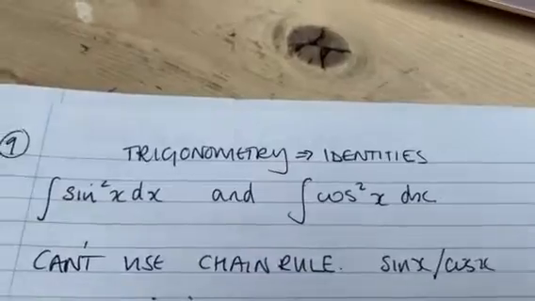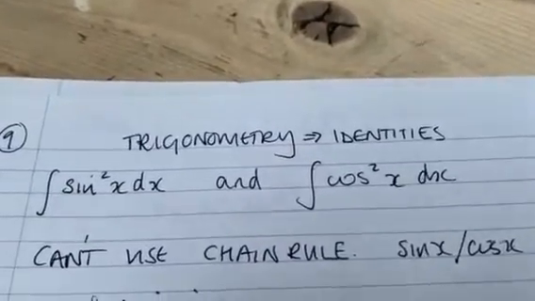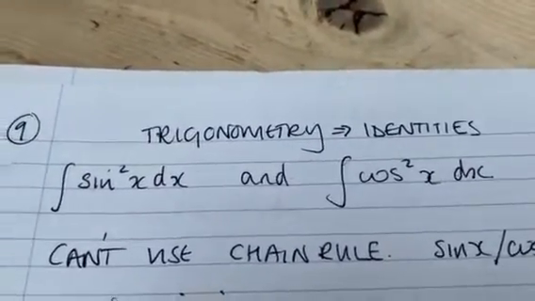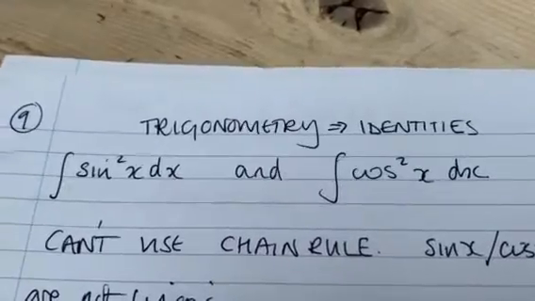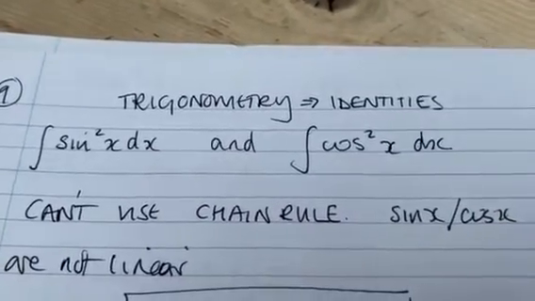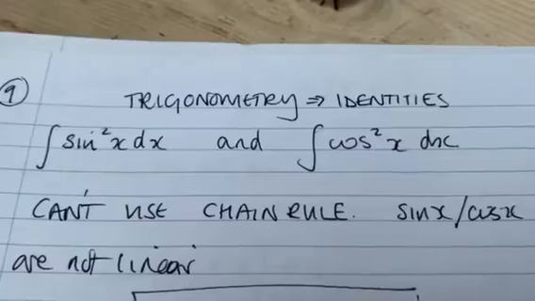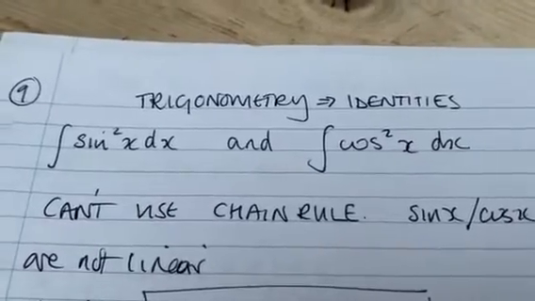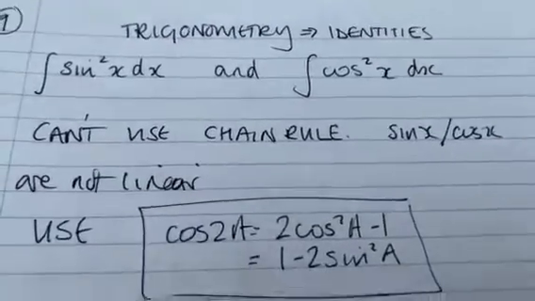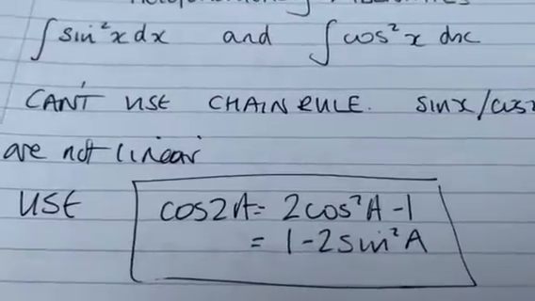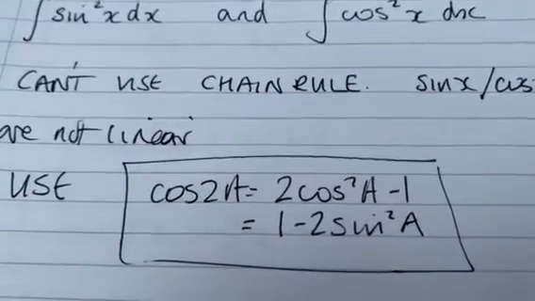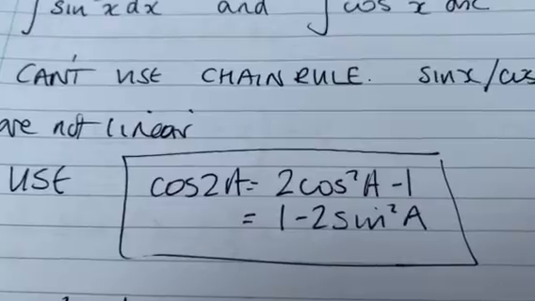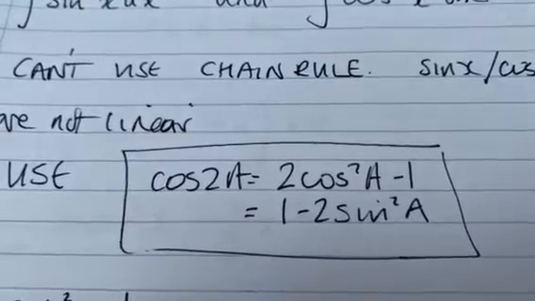Now you can't use reverse chain rule on these, because if you think about how they were written, sine x in brackets all squared, the function inside the bracket is not linear. Sine x is not linear and cos x is not linear, so they've got to be rewritten using identities, and the big identities that you use are the cos 2a identities. So they're the two that you need to be really confident with.